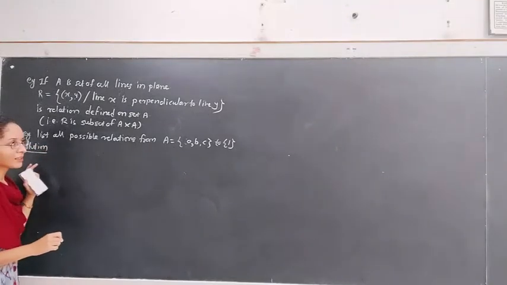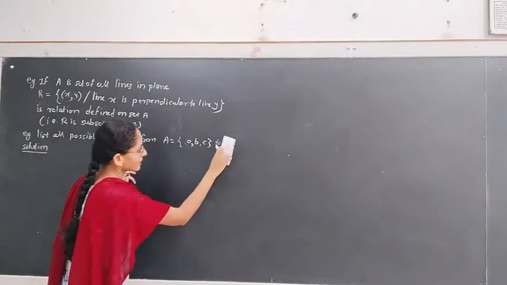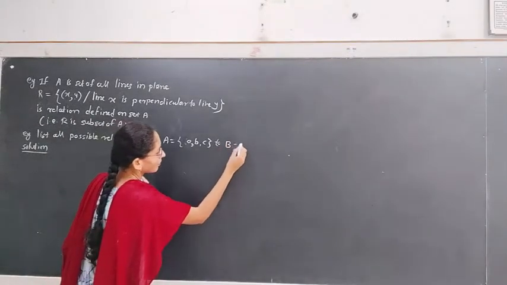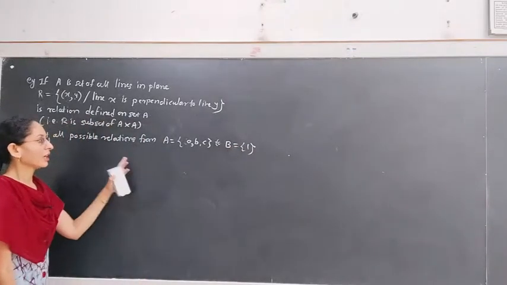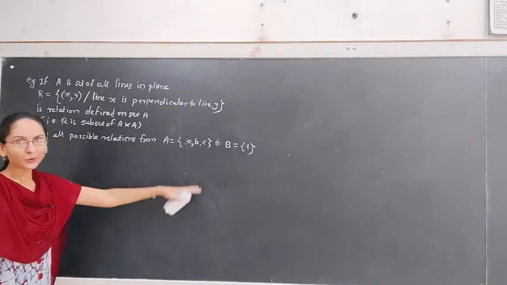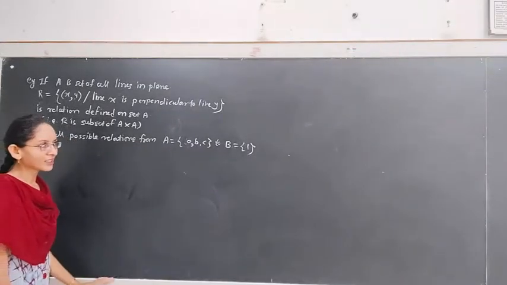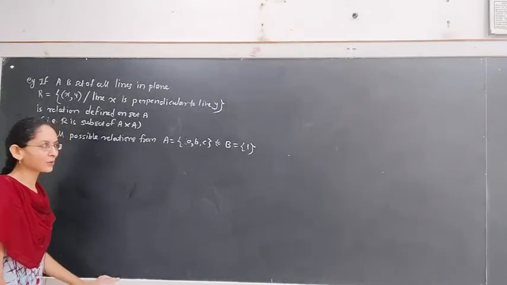The relation R is a subset of A cross B. We consider this set as B, having only one element, 1. We have to list all the possible relations from A to B. We know that relation R is a subset of A cross B. First we find the set A cross B.